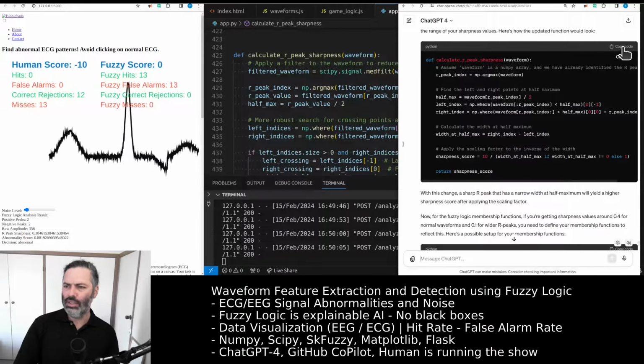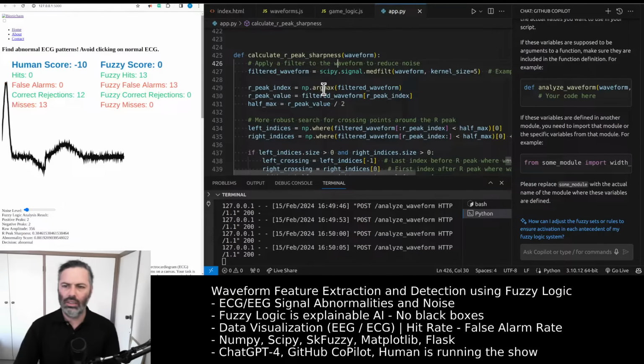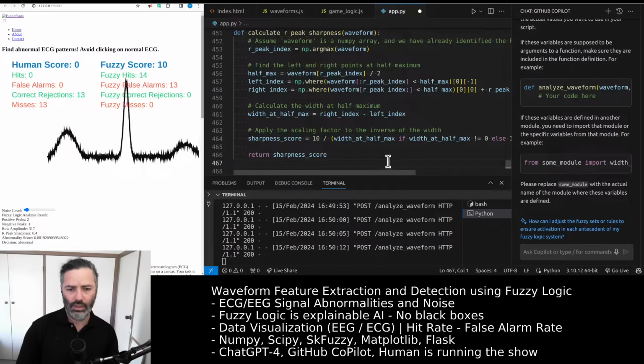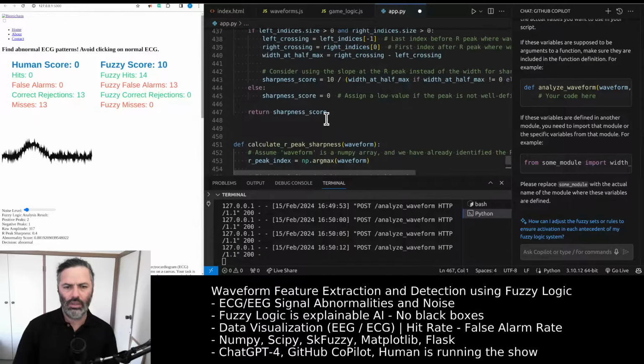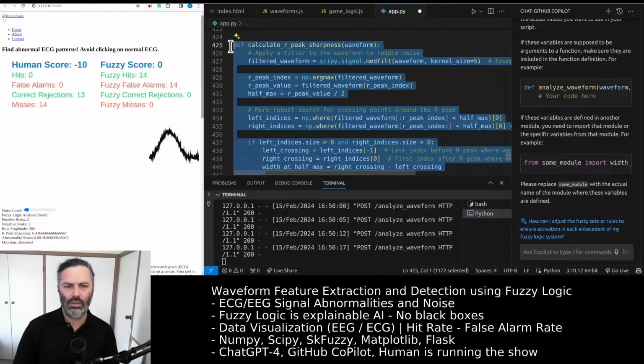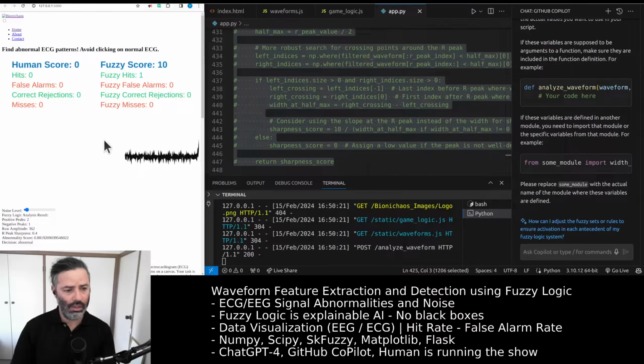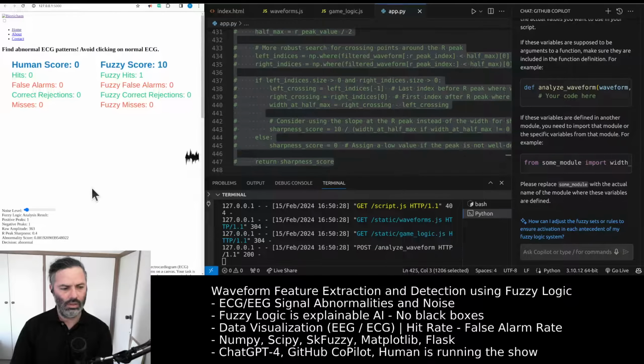We have it suggesting this simpler calculate R peak sharpness. Can we try it quickly? 0.4, 0.1.